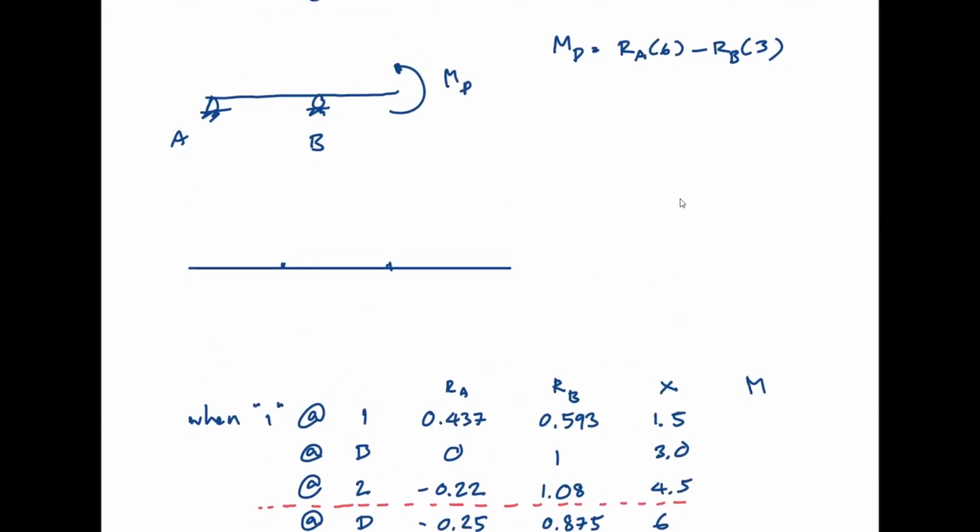But let me tell you that we can use Muller-Breslau to approximate the shape. Okay, you free this and you apply the moment here, and because this is a simple structure, it should go up like that.